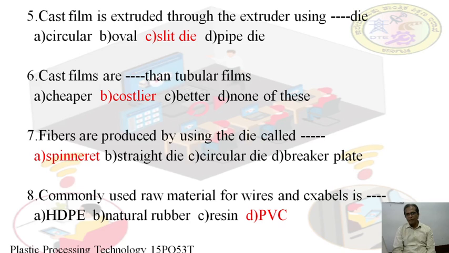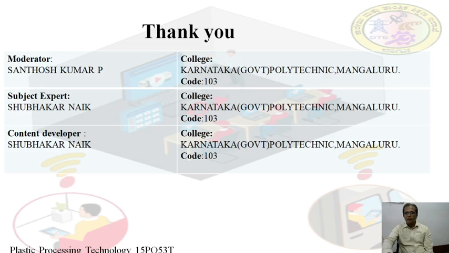Commonly used raw material for wires and cables is dash. A. HDPE, B. Natural rubber, C. Resin, D. PVC. PVC is the correct answer. So, commonly used raw material for wires and cables is PVC. Thank you.